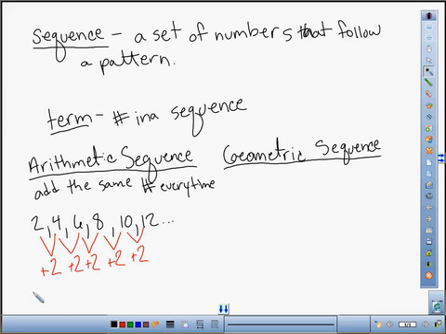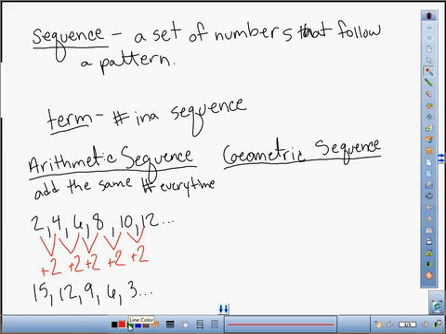Plus 2, plus 2, plus 2. Now, don't be confused by a sequence like this. 15, 12, 9, 6, 3, etc. It's going down. And it looks like we're subtracting 3 each time.